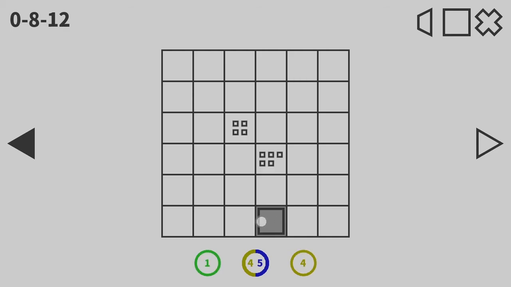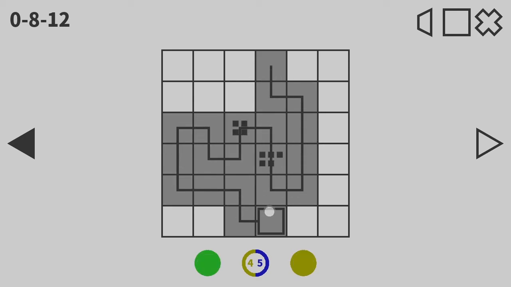How am I supposed to find the one? Yeah, that is the right number. L. Oh, am I going to do it on my whiteboard?